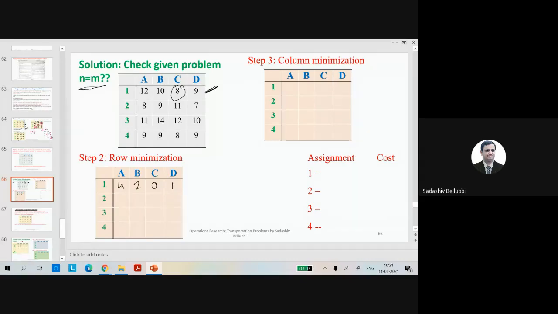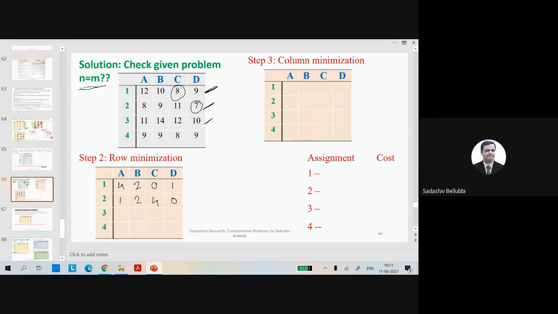Likewise, you need to calculate for all the rows. Do it yourself, and at the same time I'll do it. In the second row, the minimum number is 7. 8 minus 7 is 1, 9 minus 7 is 2, 11 minus 7 is 4, 7 minus 7 is 0.